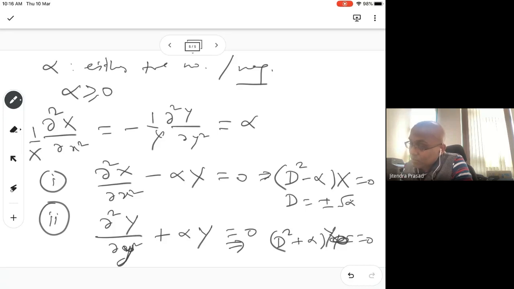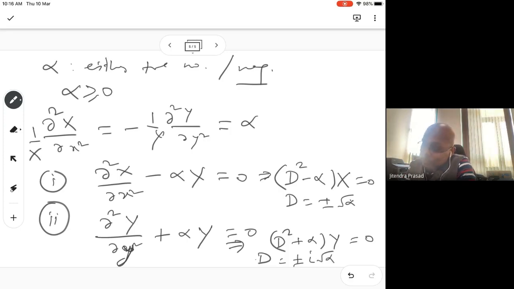Okay, y equal to 0. Sorry, equal to 0. So here d is equal to plus minus of that, right? Plus minus i root alpha.